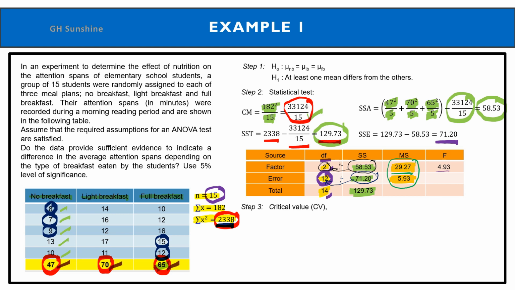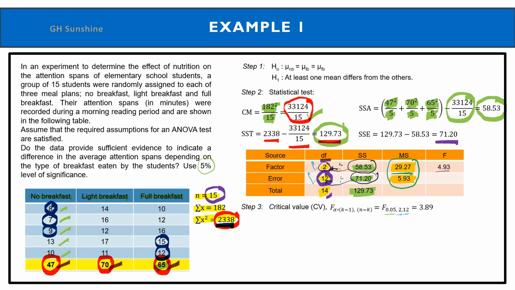Okay, so third step of hypothesis testing is to find the critical value using the F table. So using the F table, what is the significance level? 5%, so 0.05. Then degrees of freedom 2 and 12.